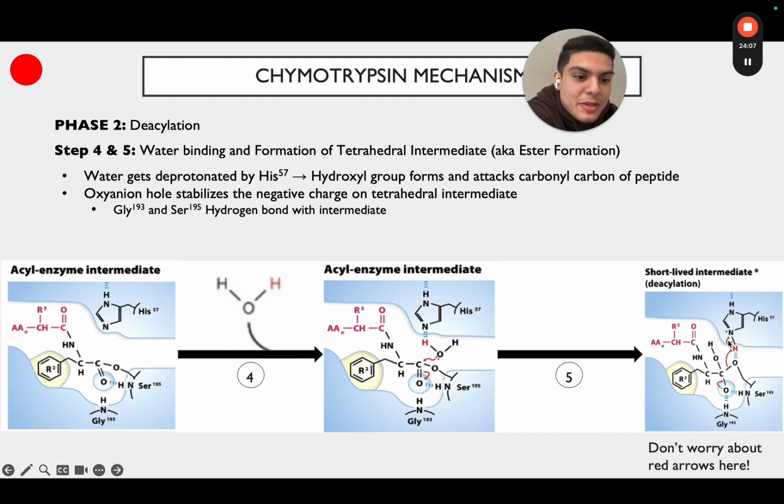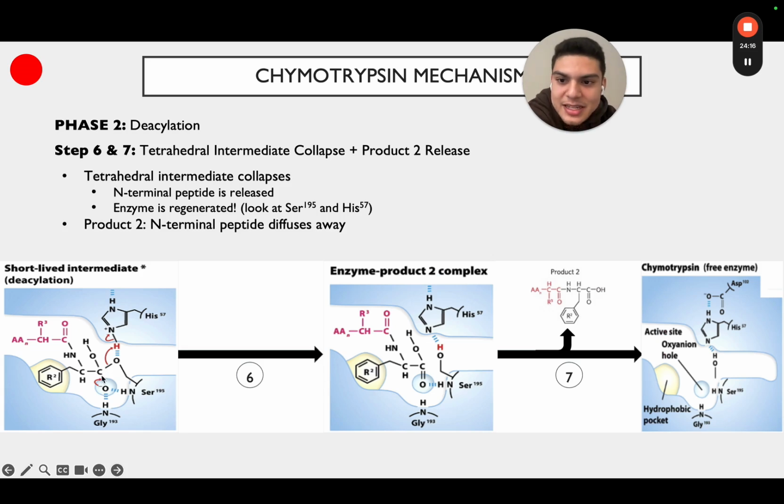That bond grabs the proton from the histidine again to reset it, and the serine will also be reset because we know that it was protonated originally. So that's what this next step is. I was kind of jumping the gun a little bit: the tetrahedral intermediate collapses, and you're going to see that it forms this free peptide fragment, and it can now dissociate from the enzyme itself.